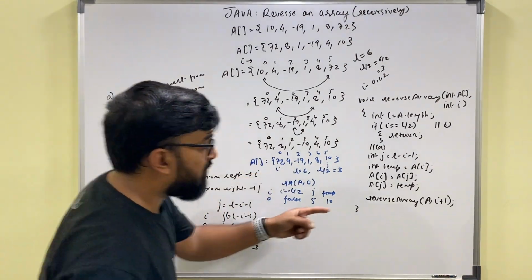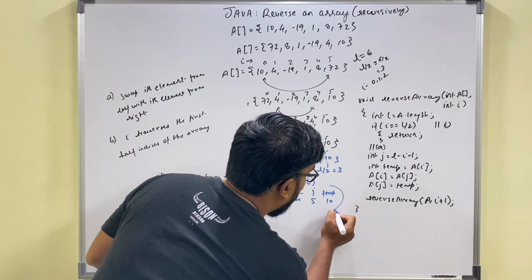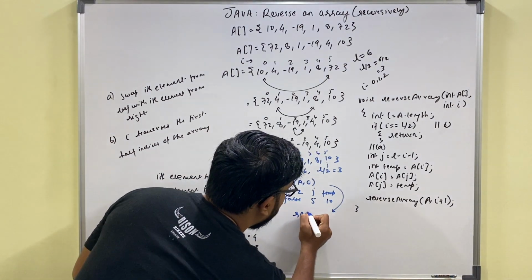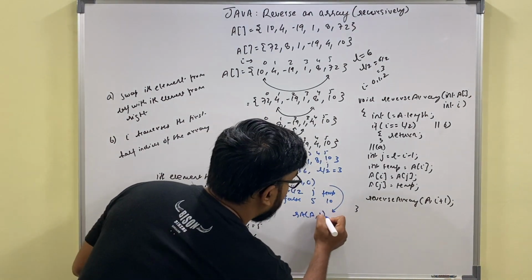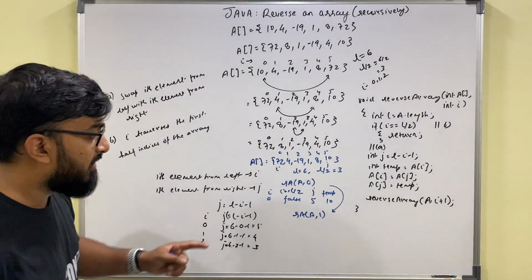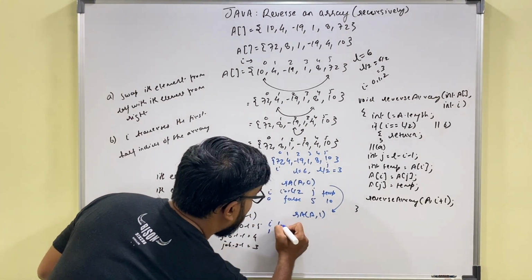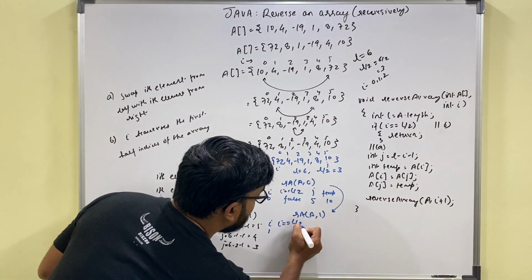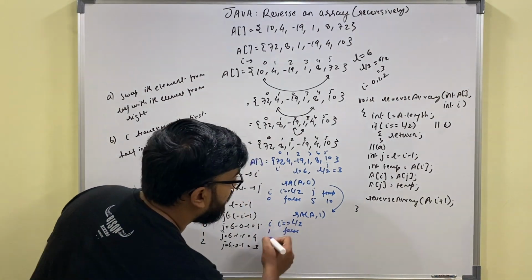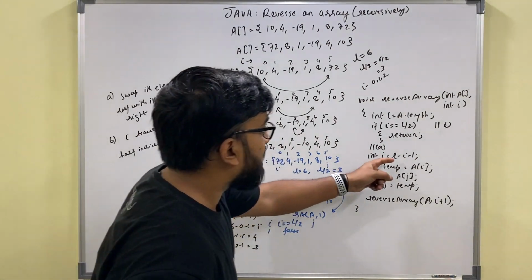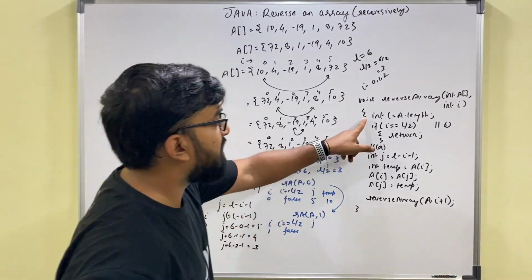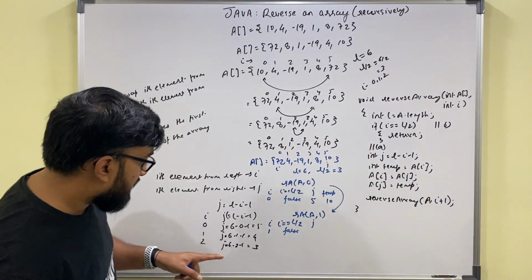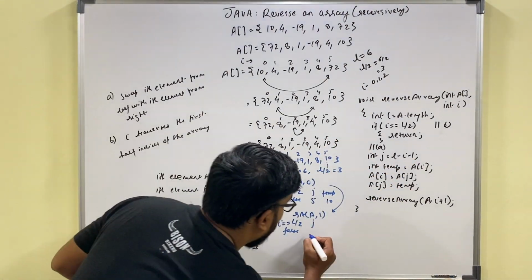Then we call reverse array with A and I plus 1, which is 1. Same thing, I becomes 1. I equal to L by 2 is false in this case, because 1 is not equal to 3. Because this condition is false, we come here. J is L minus I minus 1, for I equal to 1 we have J as 4.